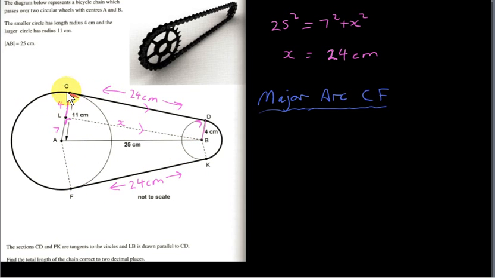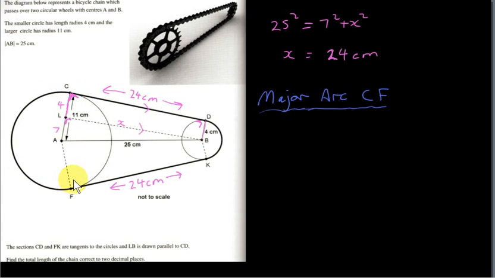We want the length of the chain, so we want this major arc of the circle CF. It's called a major arc because it's the largest arc of the circle joining point C to point F. The minor arc would be this arc here.